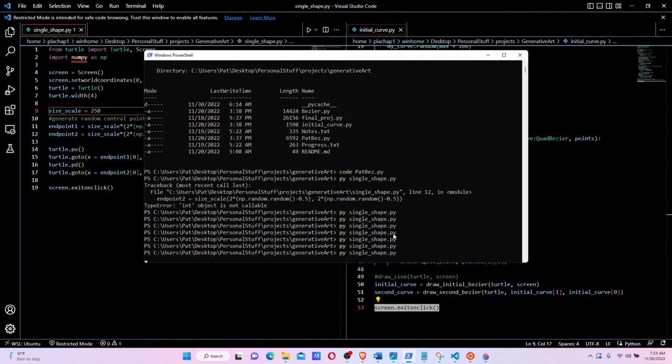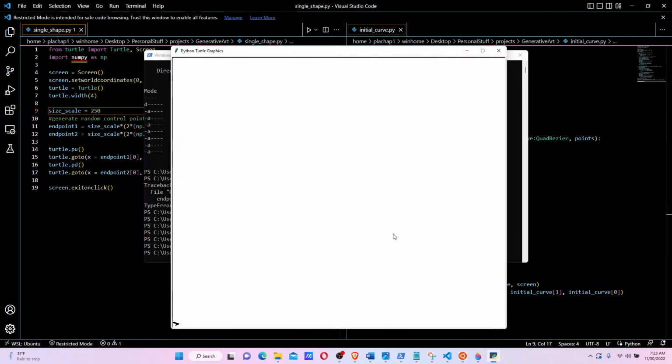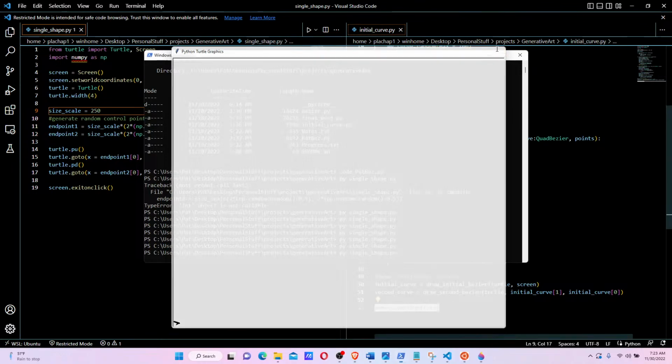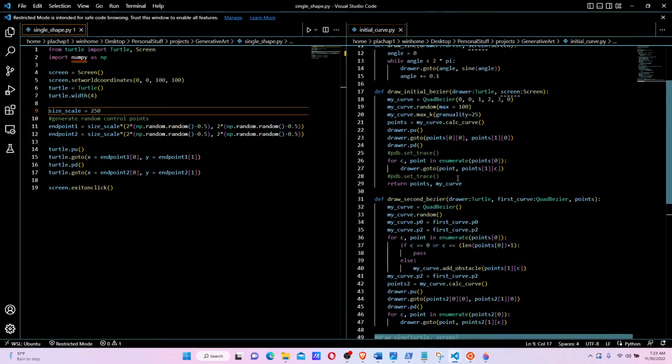I don't know what is happening. So here I do pick up, then go to points, and put down, and then go to these different points. So put down. That seems like it should work.